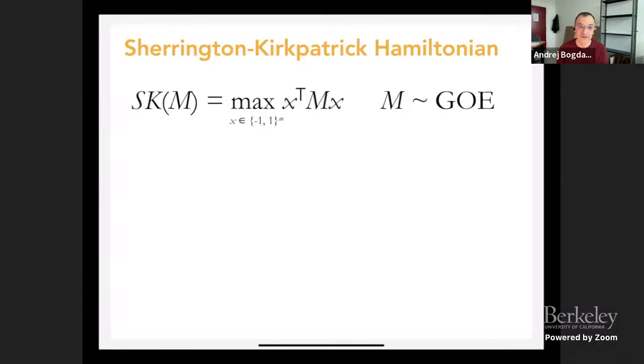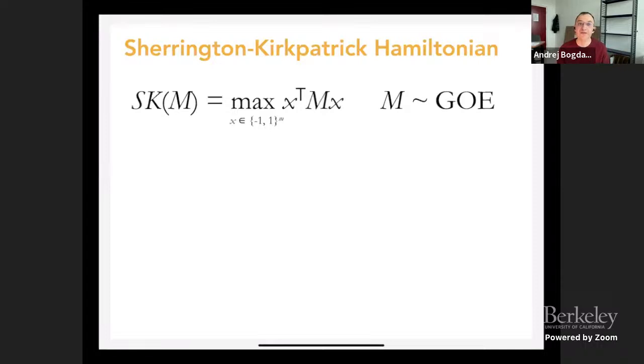So what is the Sherrington-Kirkpatrick Hamiltonian? You're given some matrix M that is essentially a random symmetric matrix with real numbers. It is chosen from something called the Gaussian Orthogonal Ensemble, which essentially says that I choose the entries to be independent normal random variables, conditioned on it being symmetric.